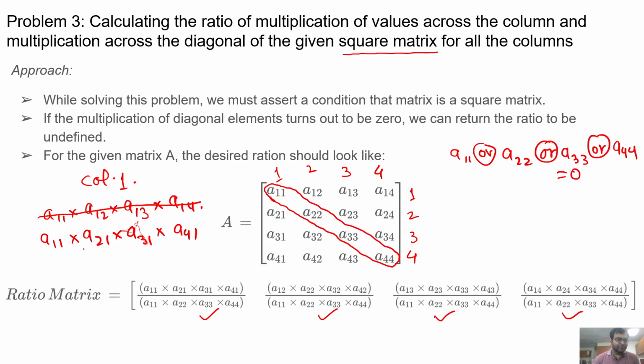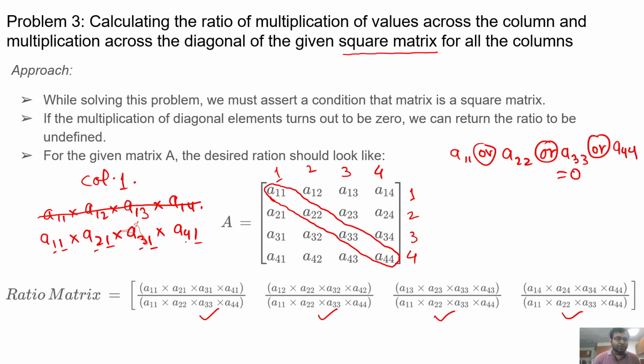So basically here we can see that the column index remains constant, because we are computing a multiplication of elements in a particular column. The row index is actually changing.